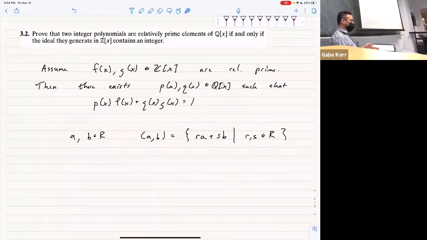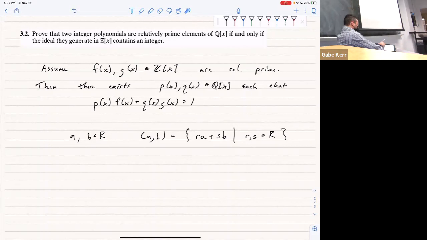You want to clear denominators. Take the product of all the denominators of all the coefficients of P and Q. Multiply by that, and it'll clear all the denominators out. Now you have two integer polynomials. On the other side, you've got some big number, but it's an integer.